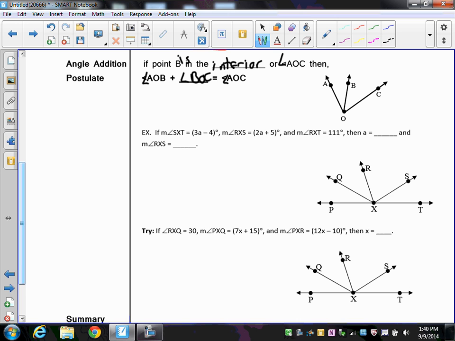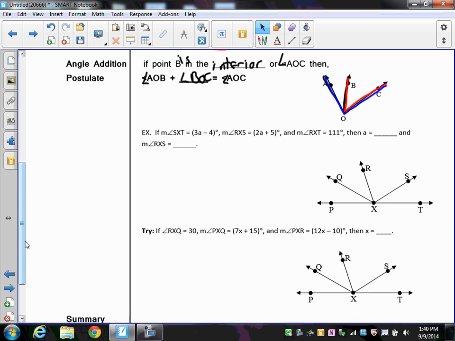We've already talked about the angle addition postulate. So remember, it's just this part plus this part, so the two small parts equal the whole angle. That's it.